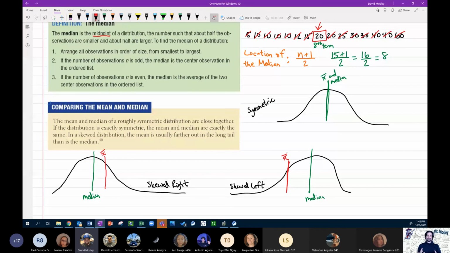Now, when it comes to which one to use when you're describing center, it depends on the context. If you're talking about home prices, there are some extremely expensive homes. If you looked at the average home price in the United States, there are different states where the average is much higher, like California or New York.